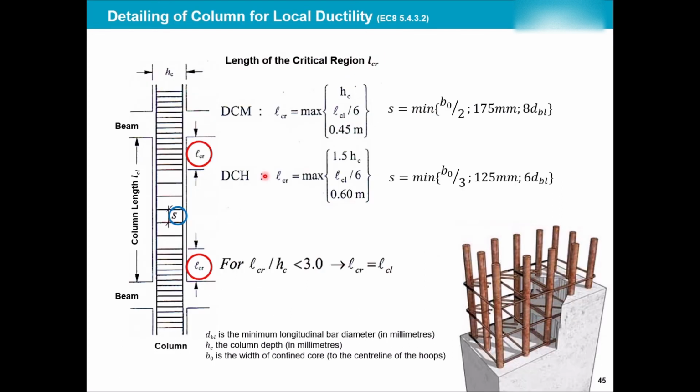The same concept applies in the column as well. If something goes wrong and the column is going to fail, we shift the failure away from the connections by having the critical length region, again for medium ductility and high ductility. The spacing of these hoops is very important. This is a 3D view of a reinforced concrete column.